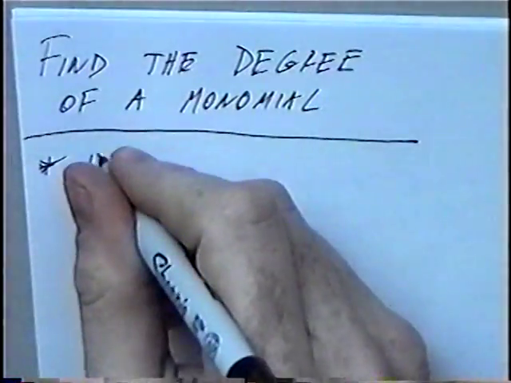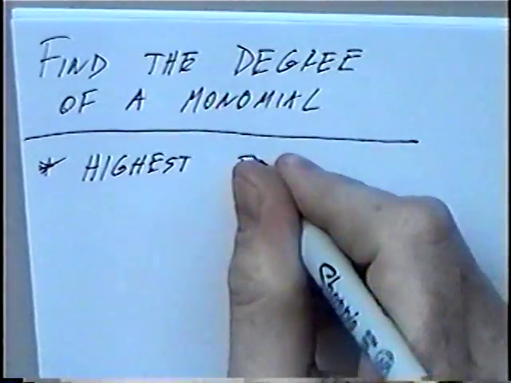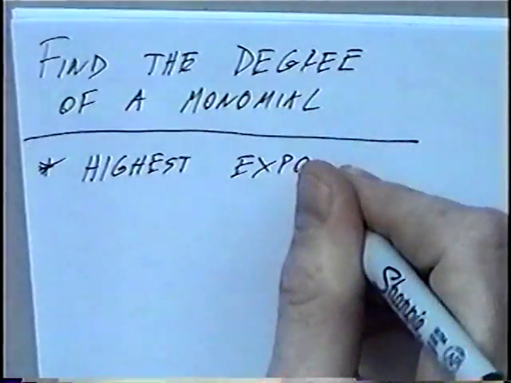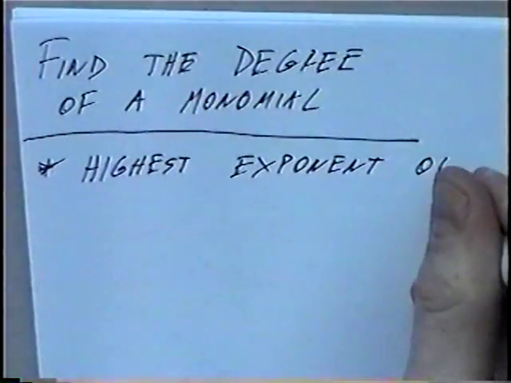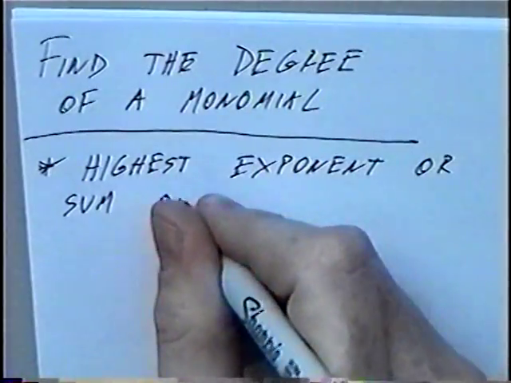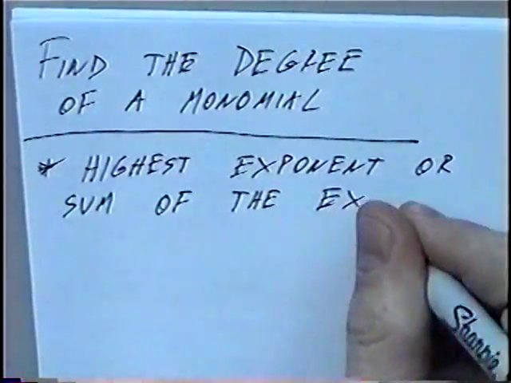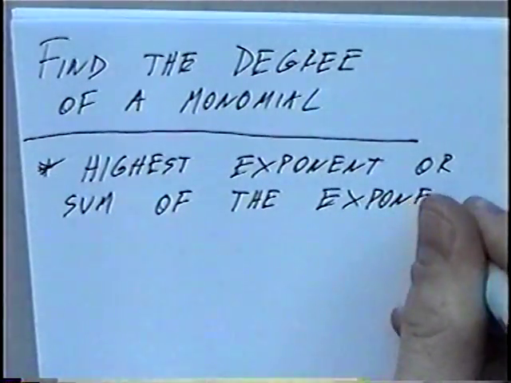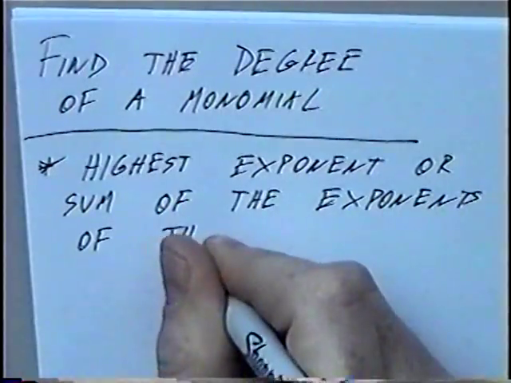The degree is the highest exponent or sum of the exponents of the variables.